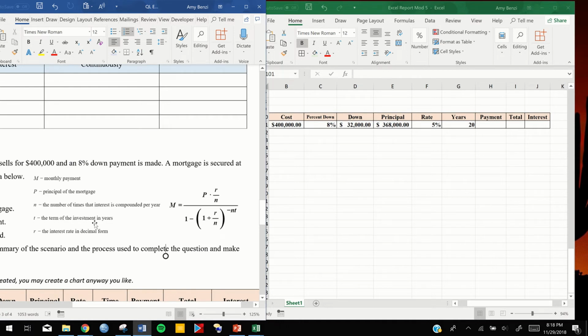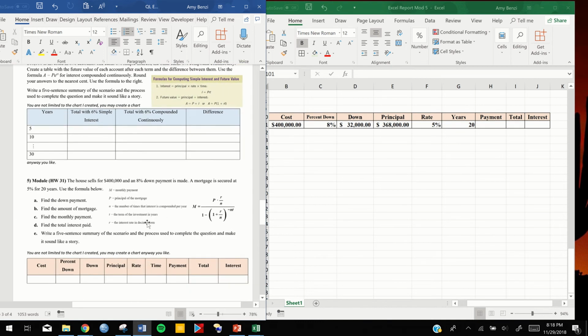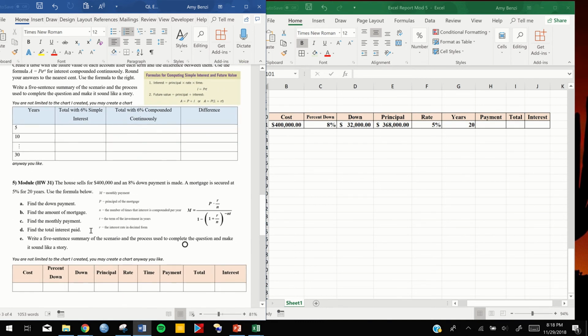T is the term of the investment in years. So that's going to be our 20. And then R is our interest rate in decimal form. It has to say in decimal form because this is back in the day when mostly people were using calculators, I guess. But we don't need to use decimal form in our formulas because we get to use Excel and make it look beautiful. All right, so here's where things all go. The monthly payment.